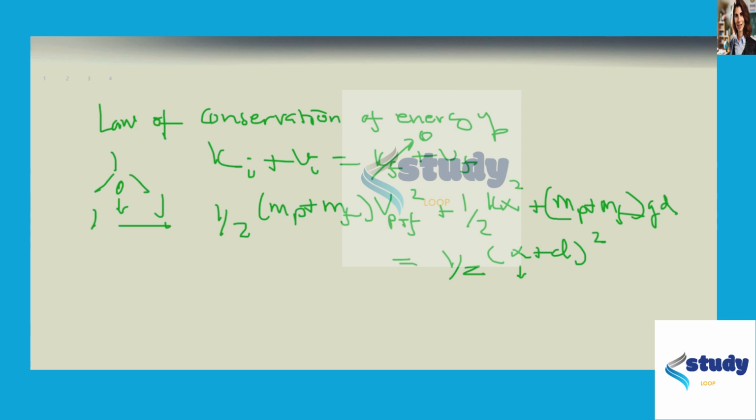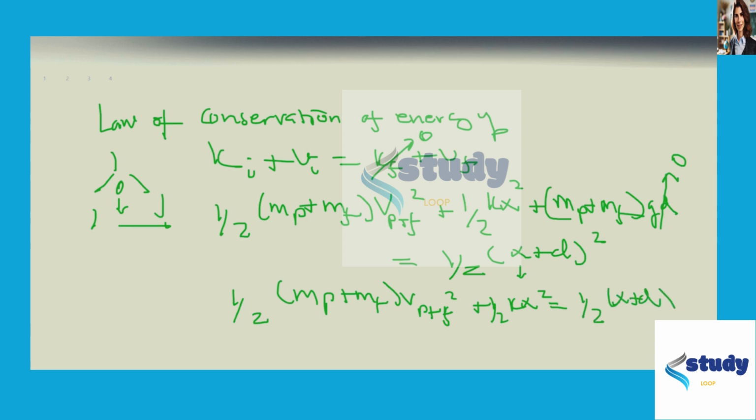We can multiply everything by 1/2, but there's something else we want to recall, that initially also the displacement is 0, so we're left with 1/2 mp plus mf Vp plus f final squared plus 1/2 kx squared equals 1/2 k x plus d squared. So that's what we're left with.